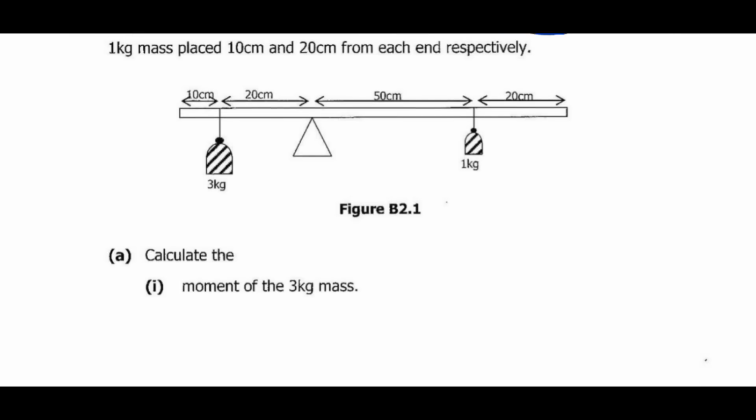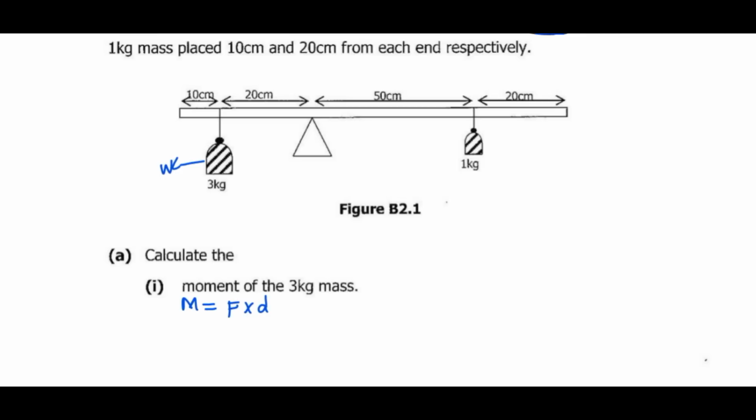Then question A, calculate the moment of the 3 kg mass. So what is the formula for moment? Moment is equal to force multiplied by perpendicular distance. Now, what do you do if you are given mass? Whenever you are given mass, you need to convert that mass into weight.